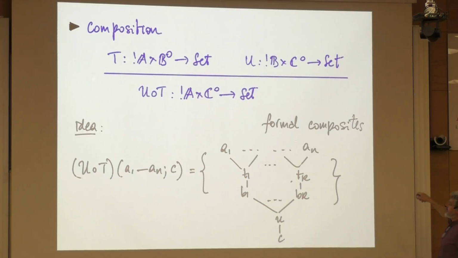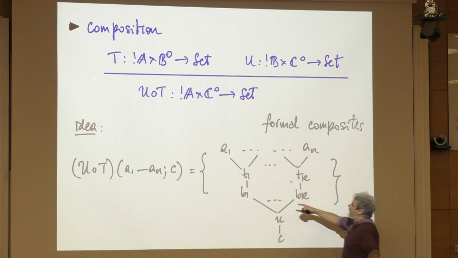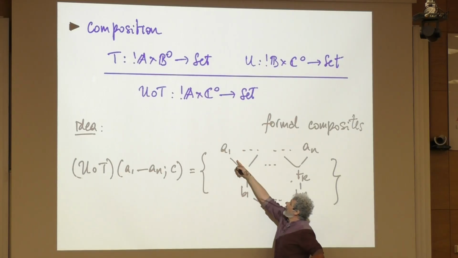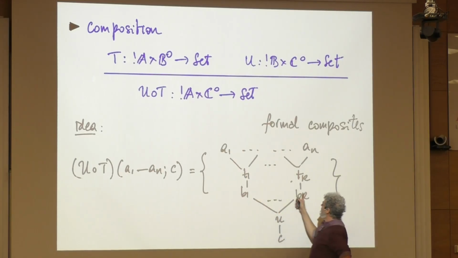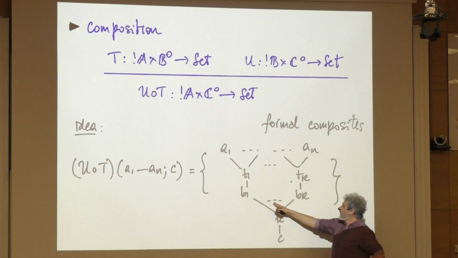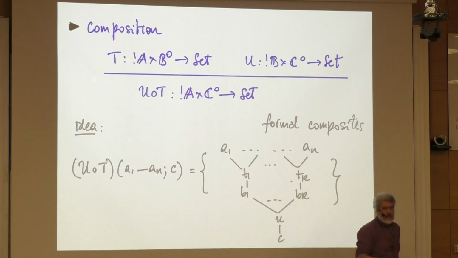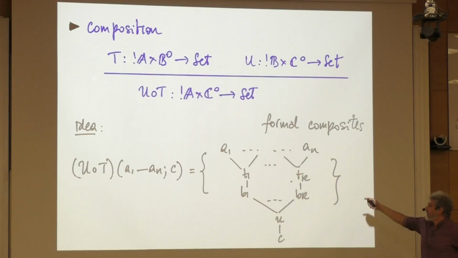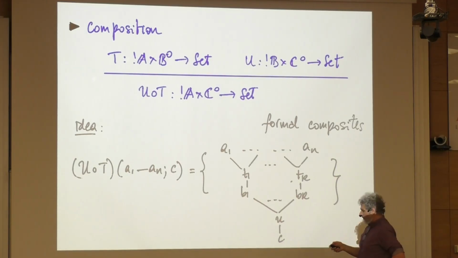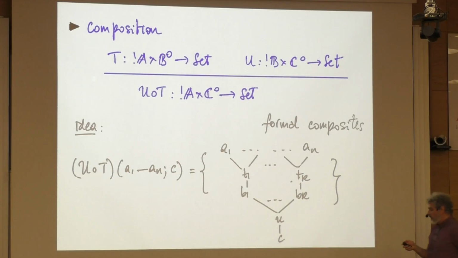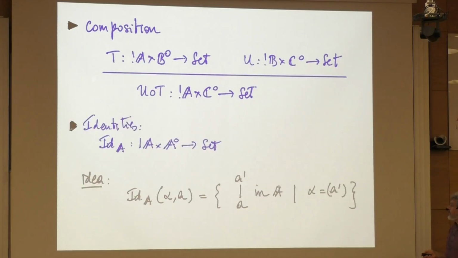So the idea is that if I have operations with inputs in A's and outputs in B's, and another one with inputs in B and one in C, then you do the multi-categorical composition to get operations in the composite structure. Okay. I just want to convey the idea of what's going on here.